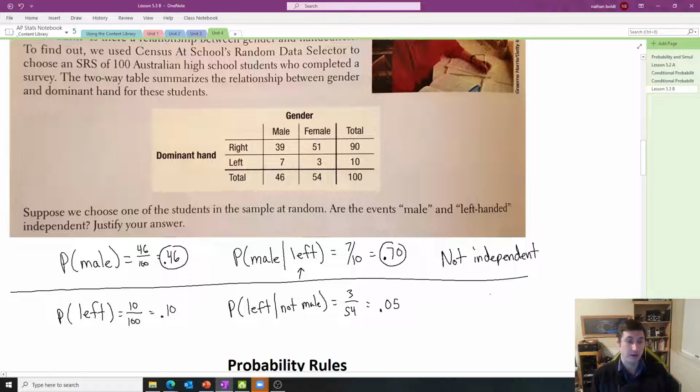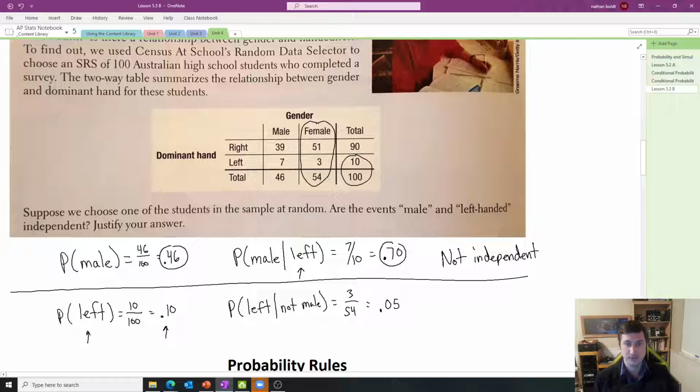Okay. All right, next. The other way you could have done it, I picked another one. There are many different combinations here. Hopefully you saw that you could do this. I chose first the probability that you are left. There's a 10% chance that you are left-handed in this whole study. That is simply the 10 over 100. And I did the probability that you are left-handed given that you are not male, so female.